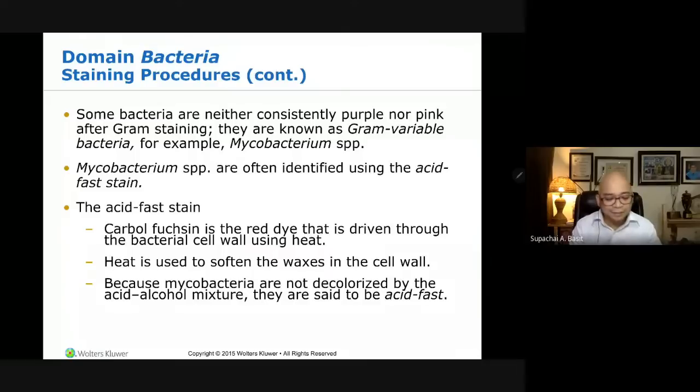Some bacteria are neither consistently purple nor pink after the gram stain. They are considered to be gram variable.